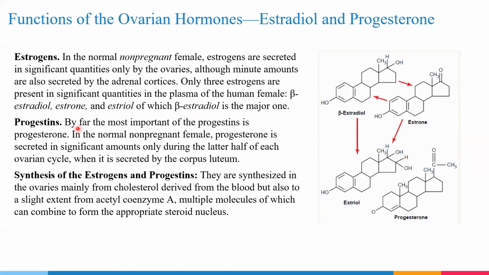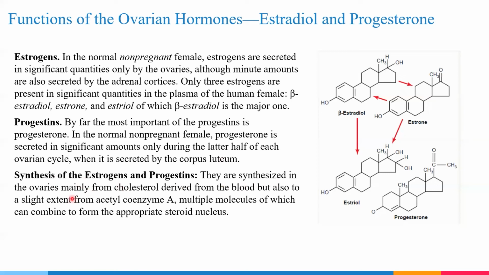Progestins. By far the most important progestin is progesterone. In the normal non-pregnant female, progesterone is secreted in significant amounts only during the later half of the ovarian cycle, when it is secreted by the corpus luteum. Synthesis of estrogens and progestins.